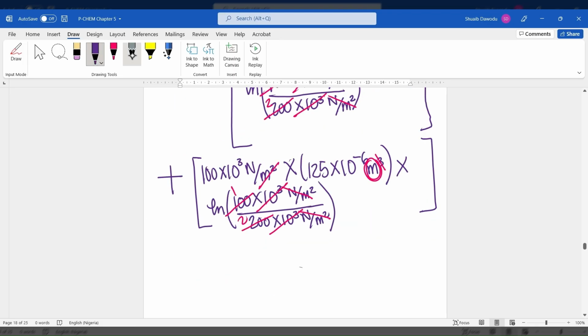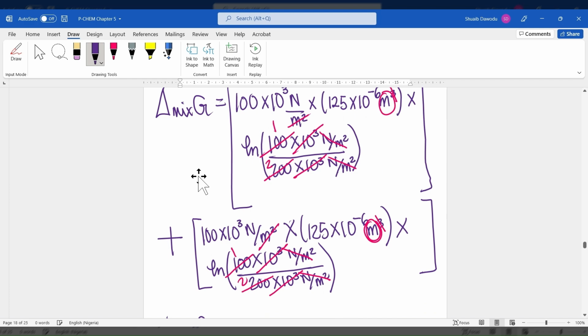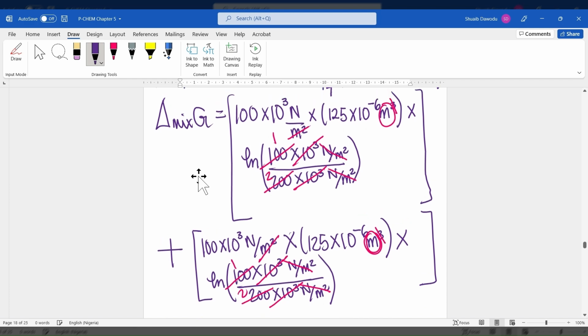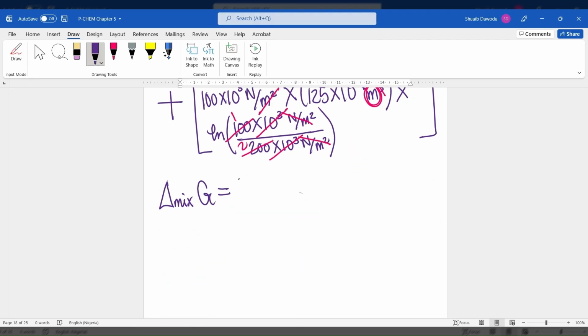So after all this calculation, the change in Gibbs energy of mixing is simply going to be 100 times 10 to the power of 3 multiplied by 125 times 10 to the power of negative 6. When you input that in the calculator, you end up with 12.5 Newton meter.